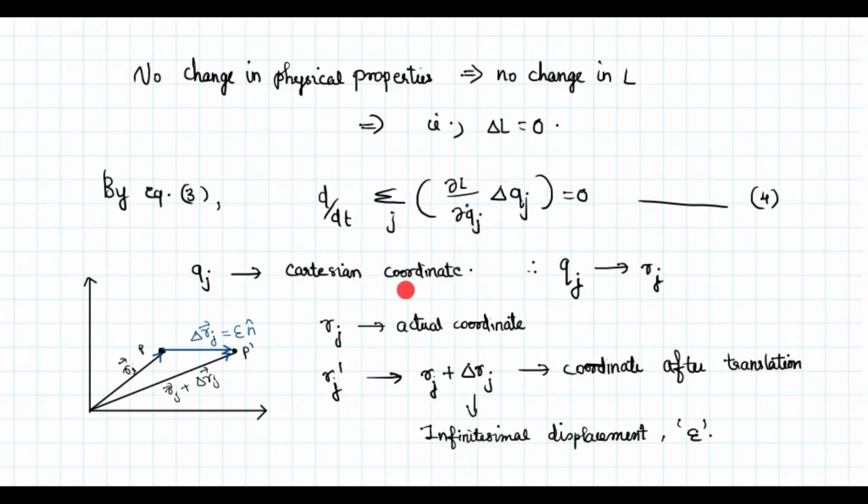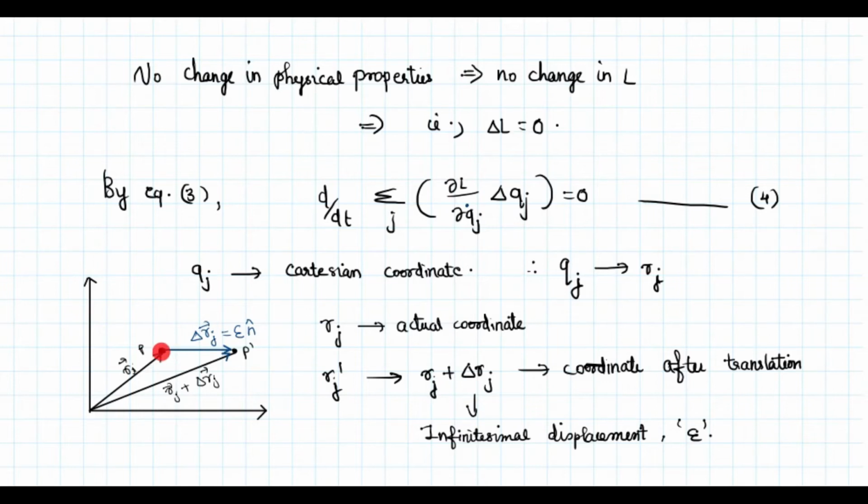So instead of Qj, I am going to write Rj. I am considering the jth particle in my system. Let's say my jth particle is initially at the position P. Rj is its position vector.